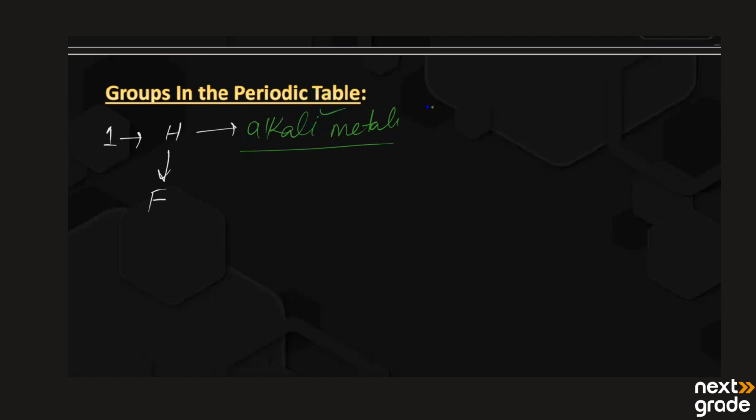The second group starts from beryllium and ends at radium. These are known as alkaline earth metals.